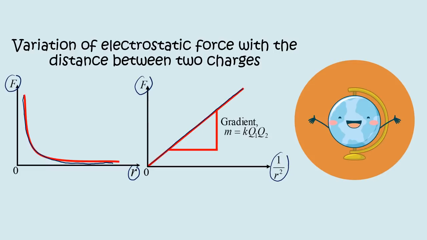From here we will get the gradient m equal to k times the product of Q1 and Q2. It comes from the equation F equal to k Q1 Q2 over R square.